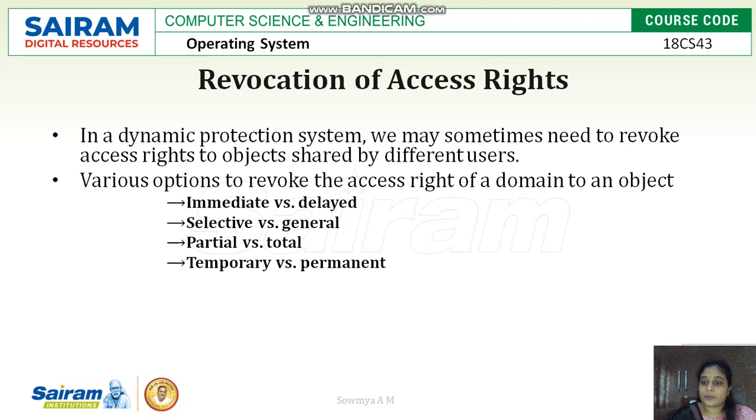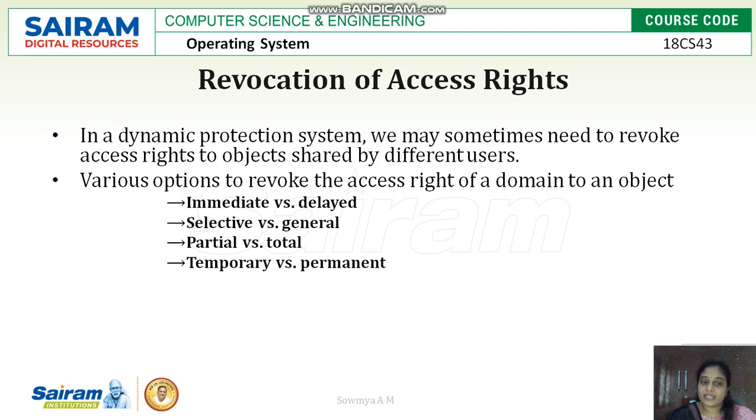If access permission is given selectively, like if a file is given read, write, execute access permissions, then based on the selective type the permissions can be revoked, or generally all types of access permissions can be taken back.